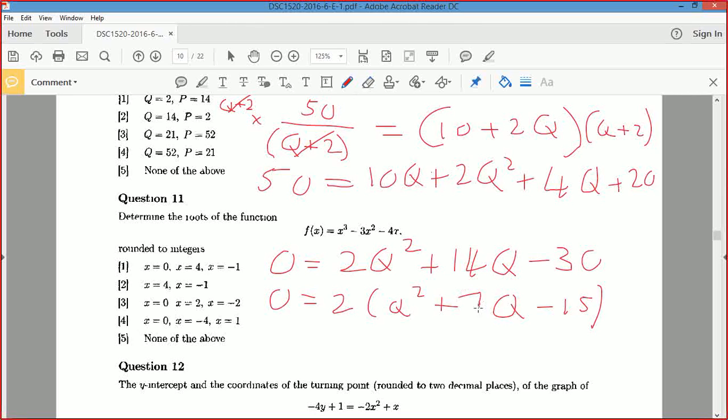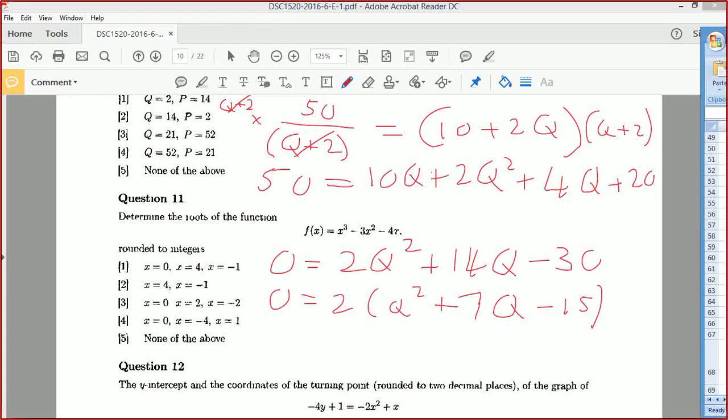Can I factorize that? Should be able to. No, I can't factorize this, because 15 will be 5 and 3, 1 and 15. So with this question, you do need to use the quadratic equation.